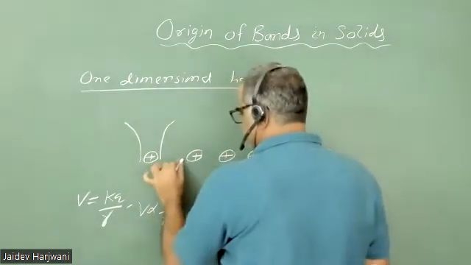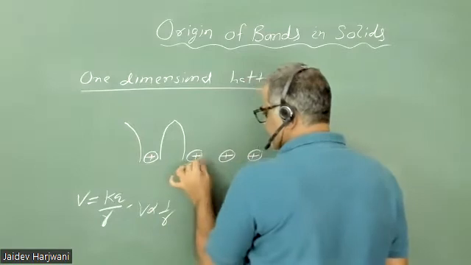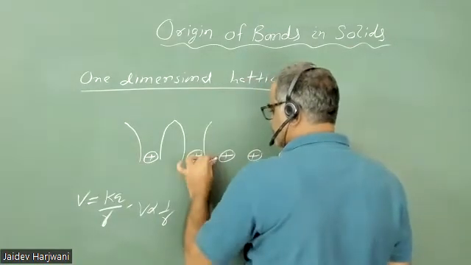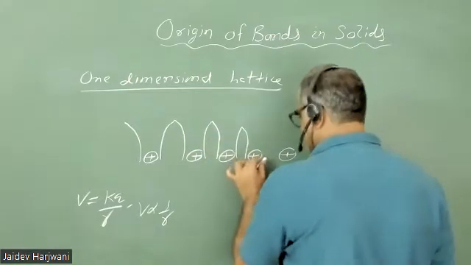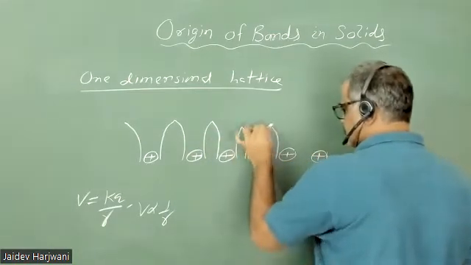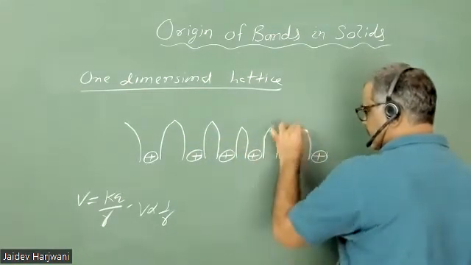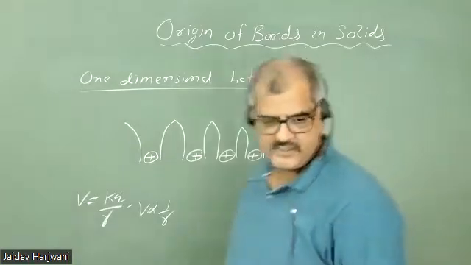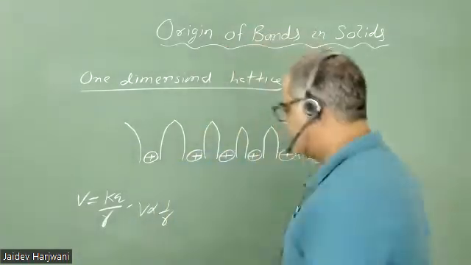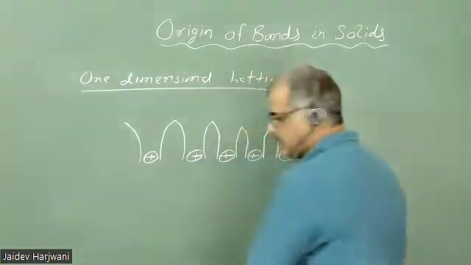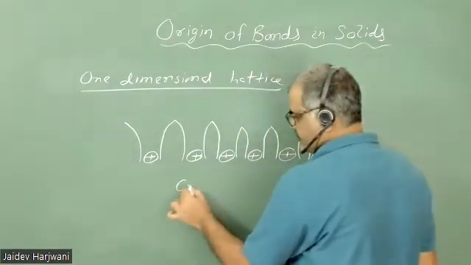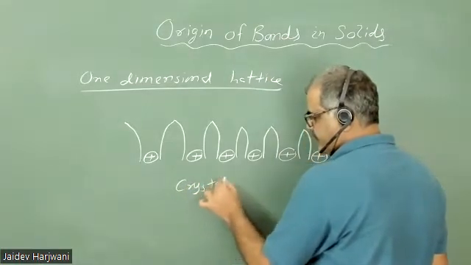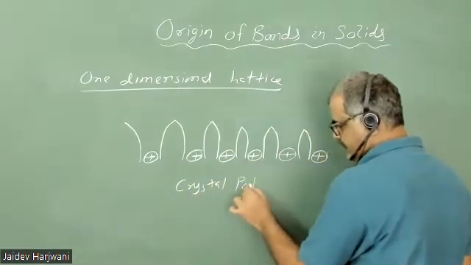So if I do this, it will come out like this. So this is the kind of potential your electron is experiencing. This is your crystal potential.